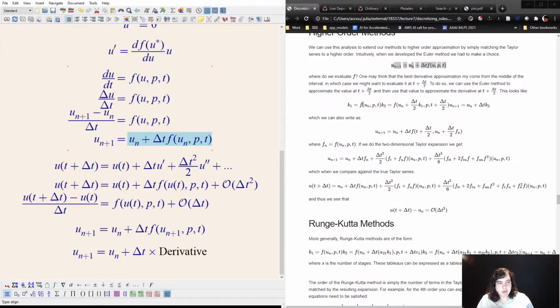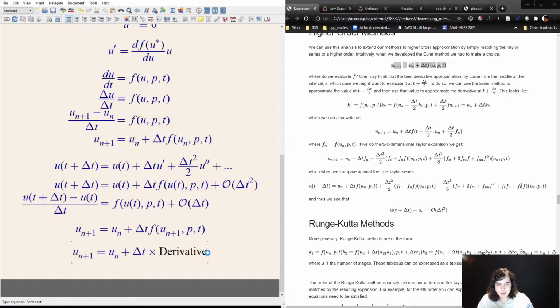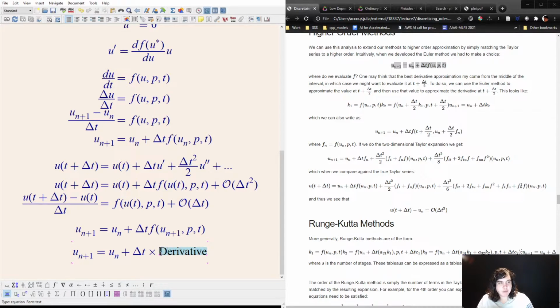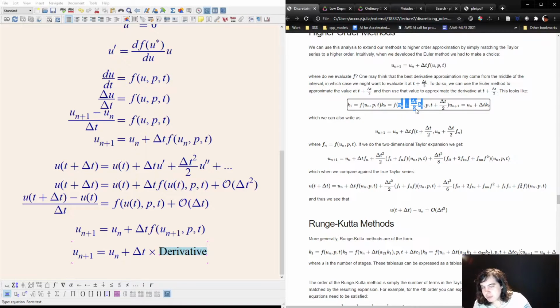And so if you're to write that out, you can say that the derivative approximation that I want to do right here is the derivative approximation at the point u_{k+1/2}, right? Well, how would you actually calculate the derivative at 1/2?